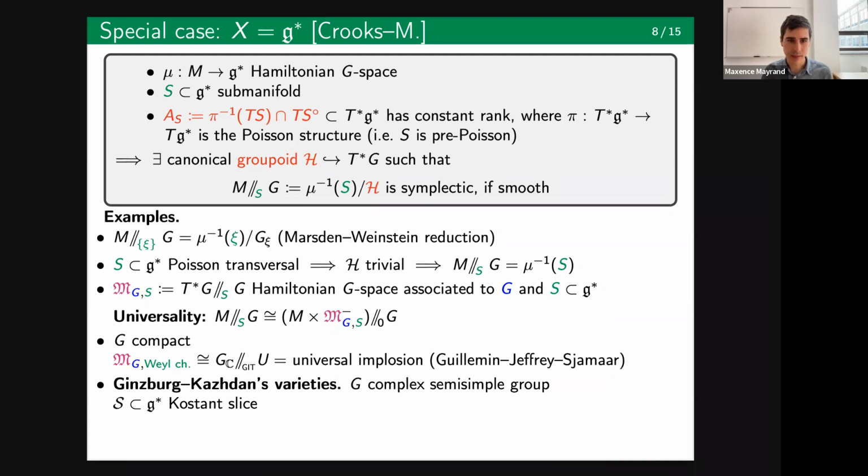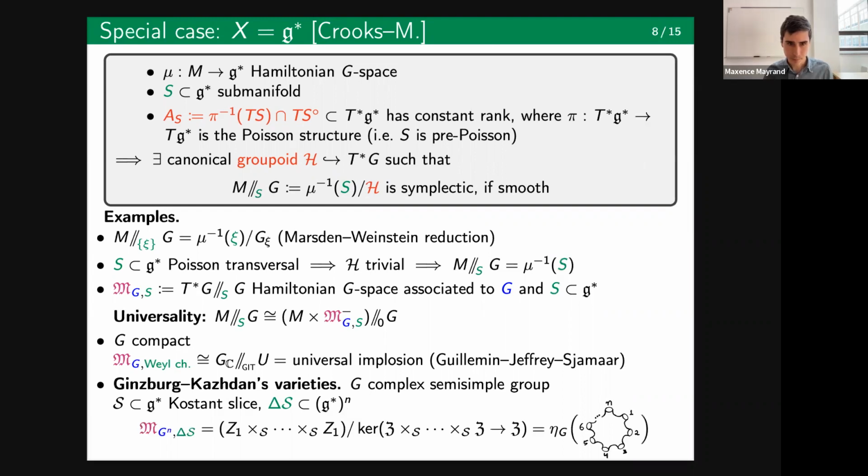If you take a complex semi-simple group and a Kostant slice, then if you take the diagonal of this slice, so here S is, as I recalled earlier, a slice for the coadjoint action of the set of regular elements. Now our reduction level will be the diagonal in the n-fold product of the dual of the Lie algebra.